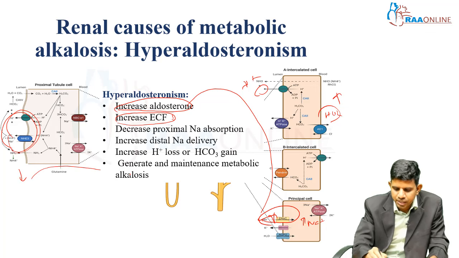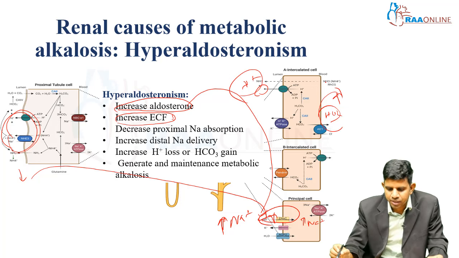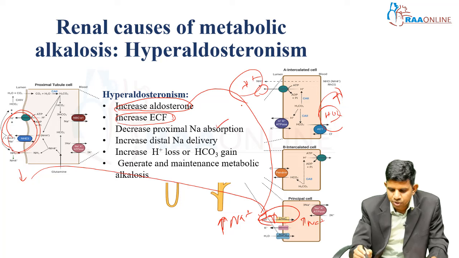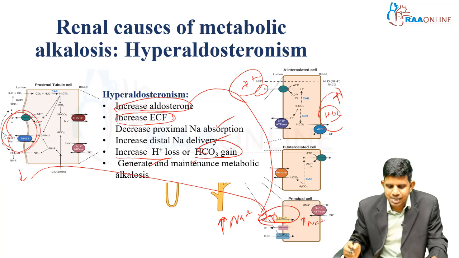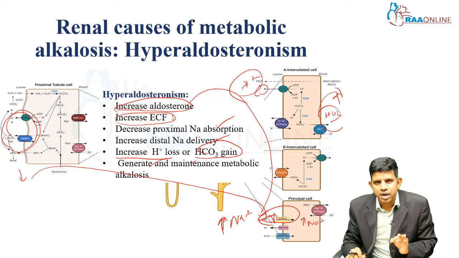Because of this, there is increased sodium delivery distally, associated with increased ENaC activity, which will increase secretion of more hydrogen ion and increase the blood bicarbonate. So decreased proximal sodium reabsorption and increased distal sodium delivery increase hydrogen ion loss, or bicarbonate gain. So hyperaldosteronism generates and maintains a metabolic alkalosis. This is how hyperaldosteronism causes metabolic alkalosis.